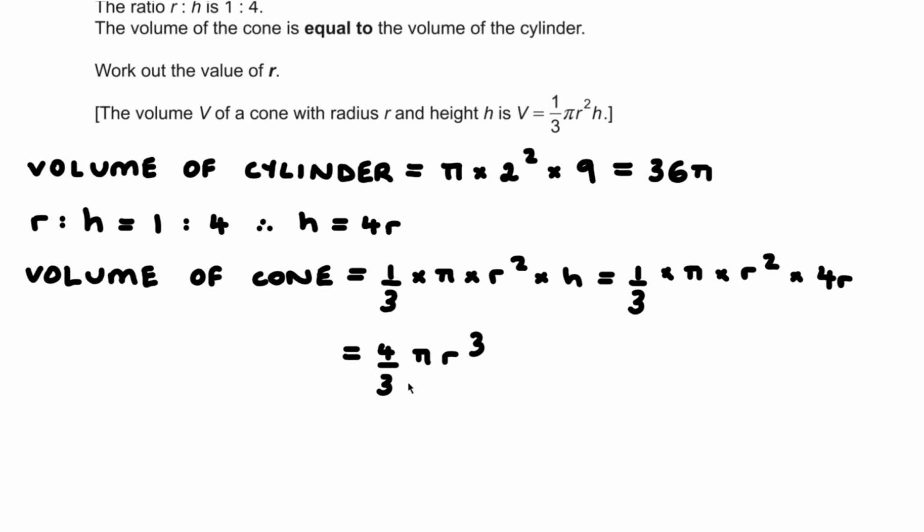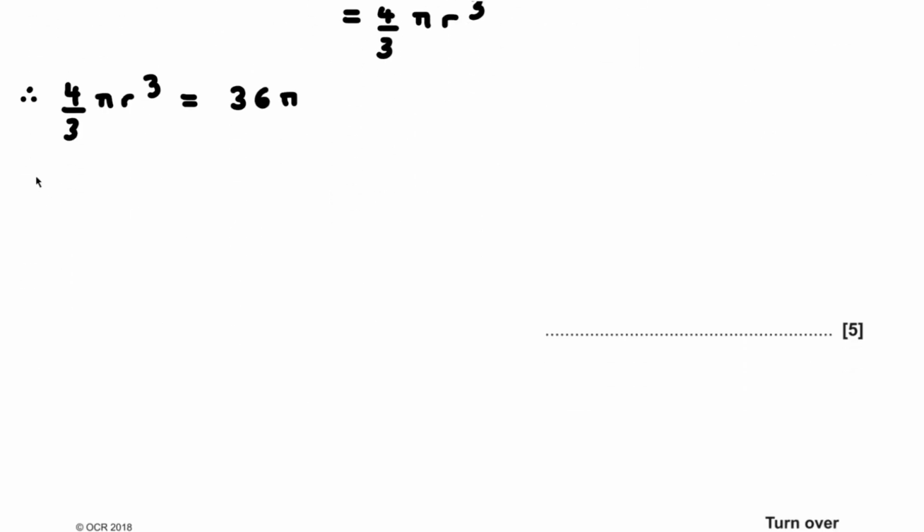I know that the volume of the cone is equal to the volume of the cylinder, so I've got 4/3 pi r cubed equaling 36 pi, and the pi's cancel on both sides. So if I divide by 4 and times by 3, I get 27 equals r cubed, and if I cube root, r is equal to 3. So I have r equals 3 centimeters.